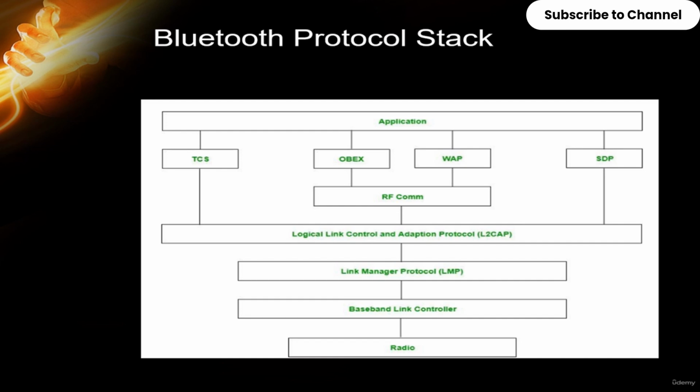Additionally, it offers serial communication over L2CAP, the logical link control and adaptation protocol. OBEX is the object exchange protocol, which allows two devices to exchange objects. The wireless application protocol is used for connecting to the internet.